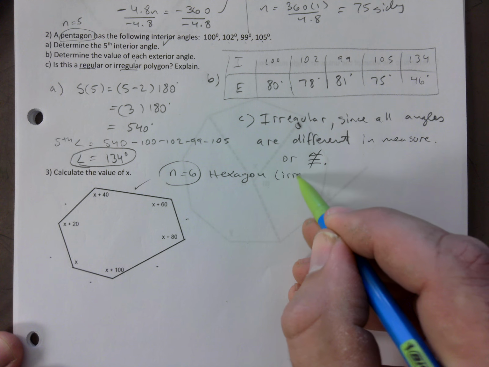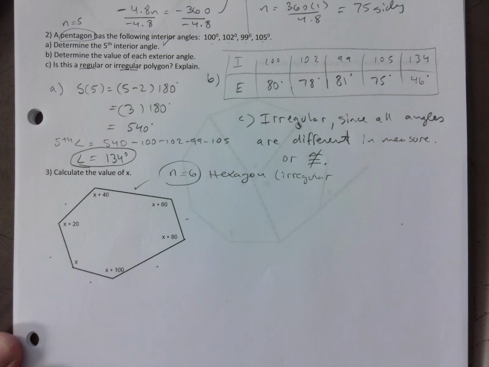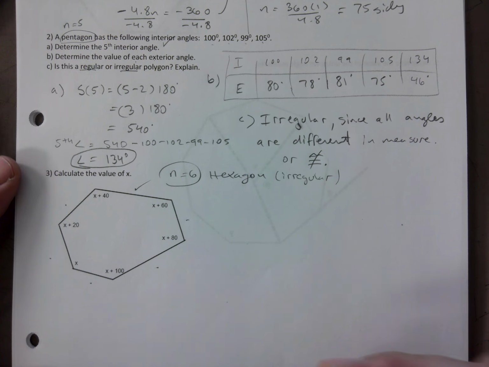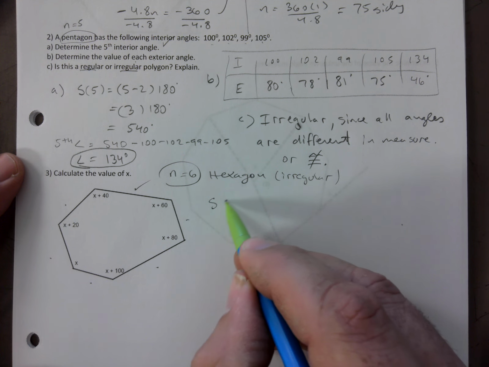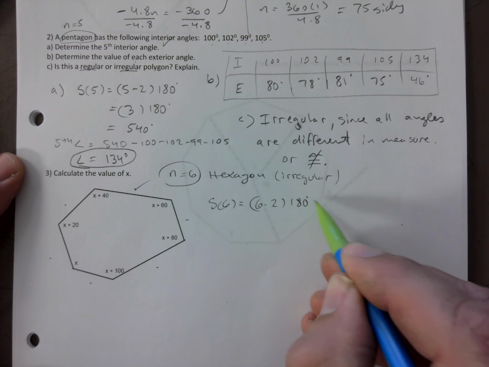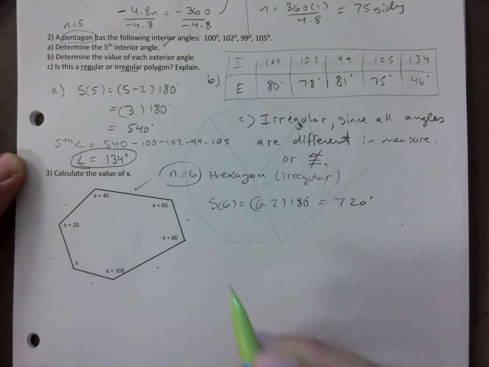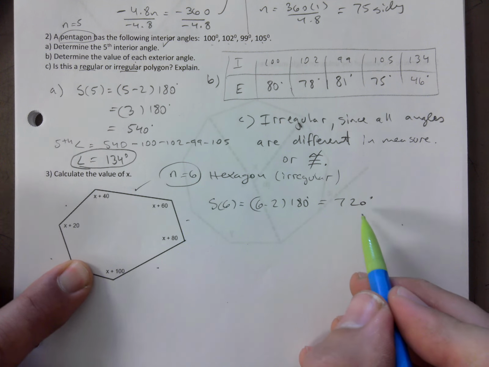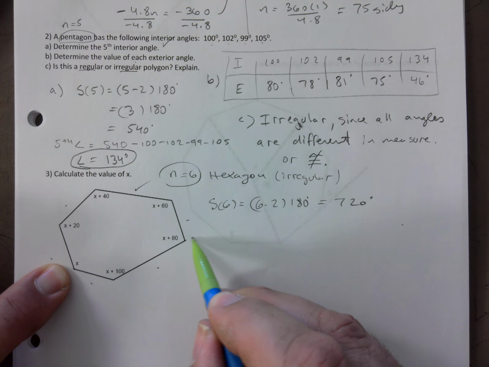It's irregular, I might add, right? It very much looks irregular. So here we go. A sum of a 6-sided is 6 minus 2 times 180. That's 720 degrees. And so we know that if you add up all these angles, you add up to 720.